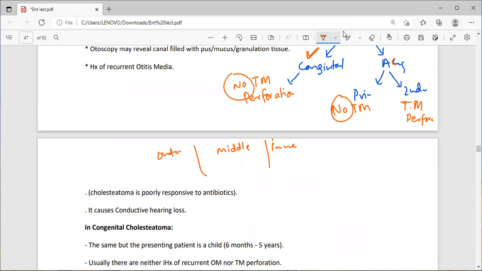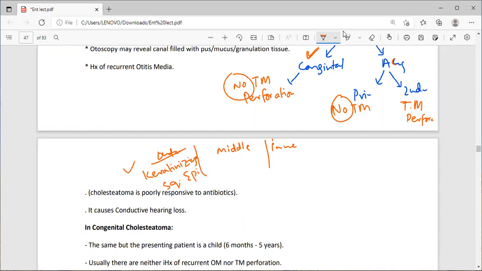These cells are called keratinizing squamous epithelium, and the whole topic is about this keratinizing squamous epithelium.